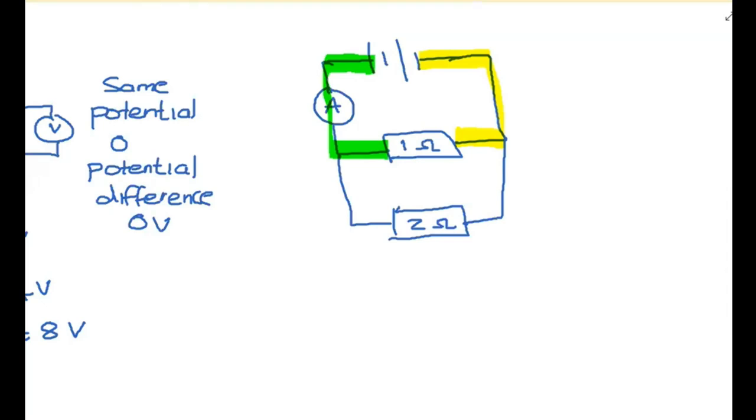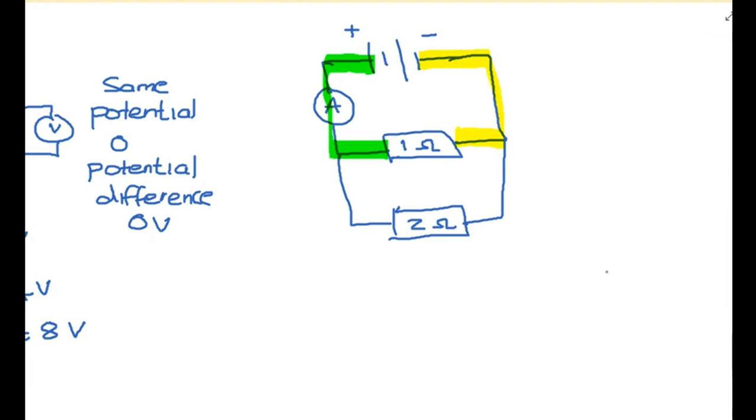Because remember, you've got to keep in the back of your mind that your battery has a positive and a negative potential. It's like an electric field, if you remember your electrostatics. Casey, you're dealing with conventional current.